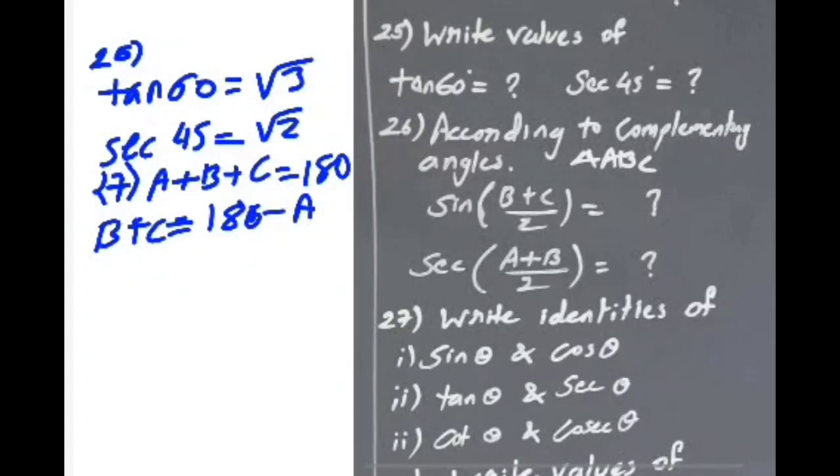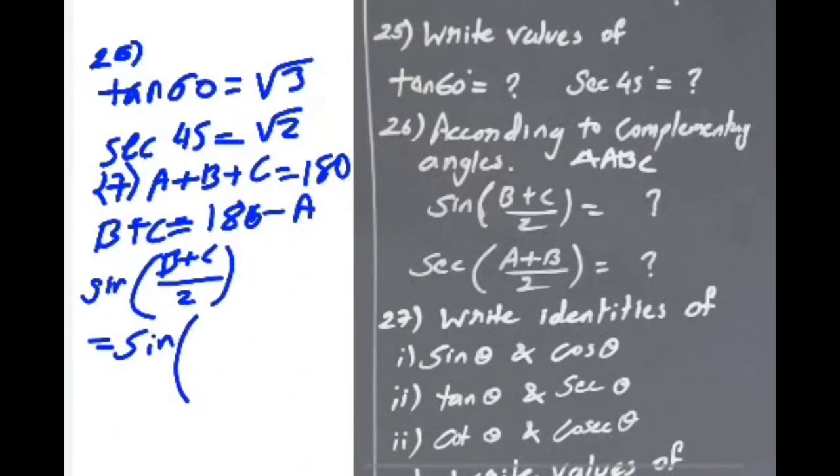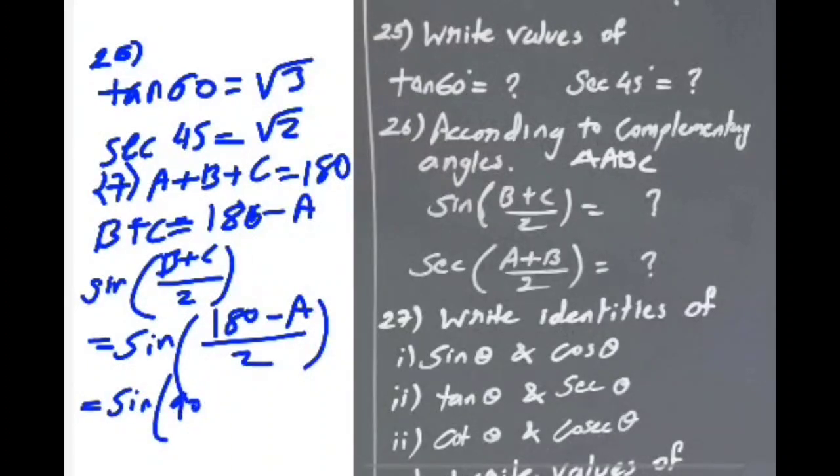Okay, now for the first one, that is sine (B plus C) by 2, so that will be equal to sine (180 minus A) by 2, so that is sine (90 minus A by 2), so that will be cos A by 2.